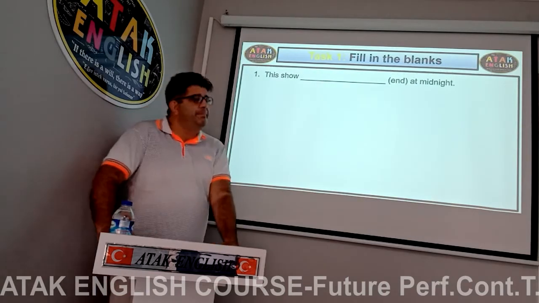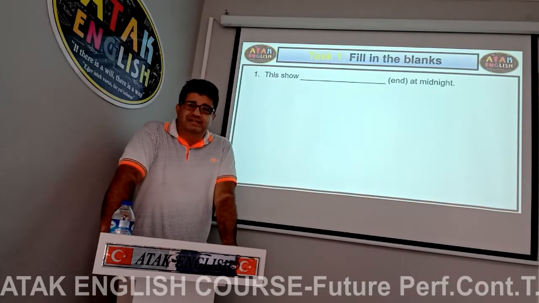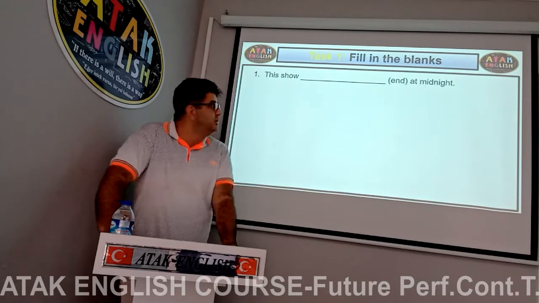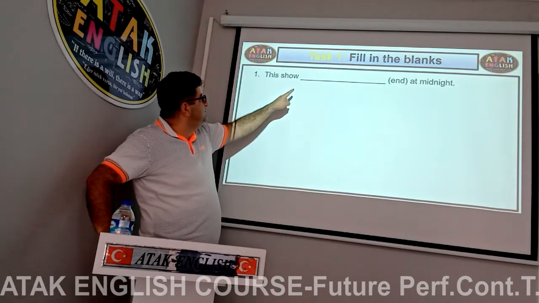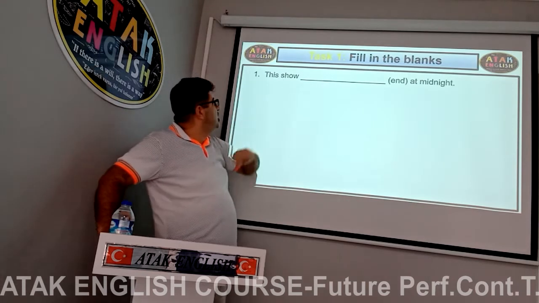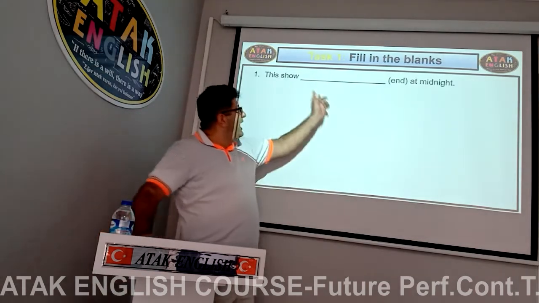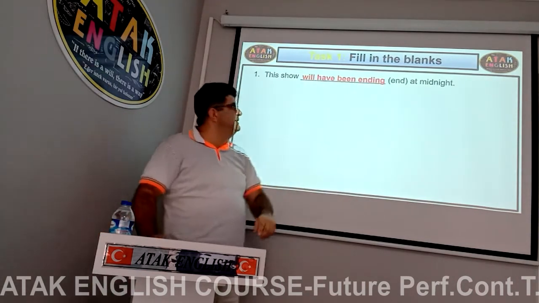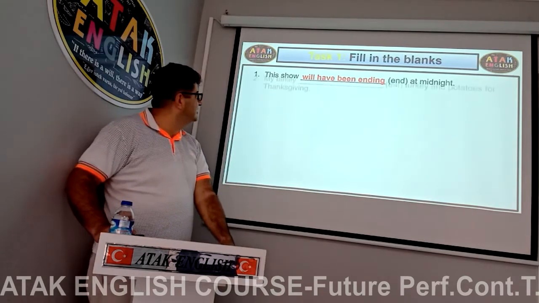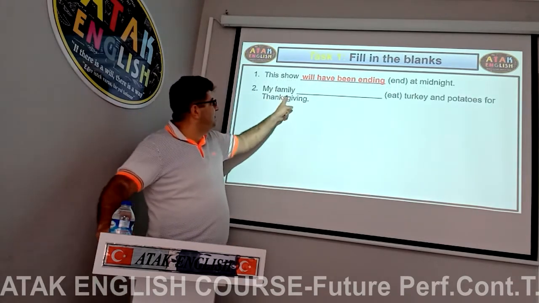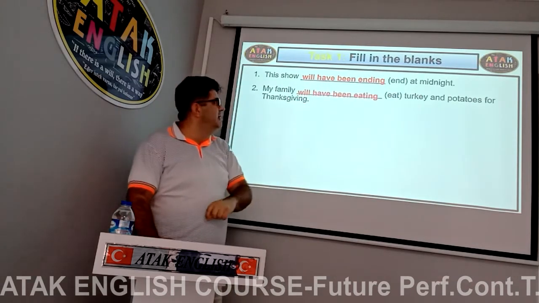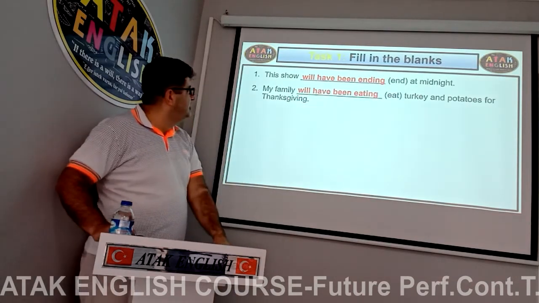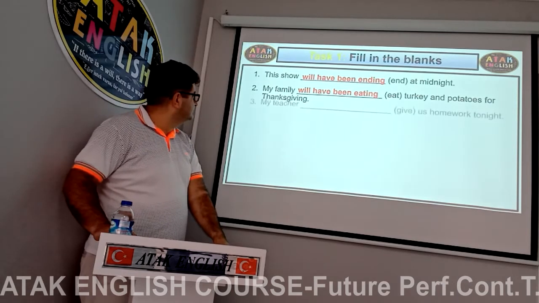Okay, let's do some practice as usual. We're going to fill in the blanks and use future perfect continuous. This show will have been ending at midnight. My family will have been eating turkey and potatoes for Thanksgiving.